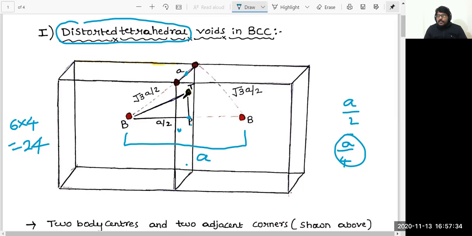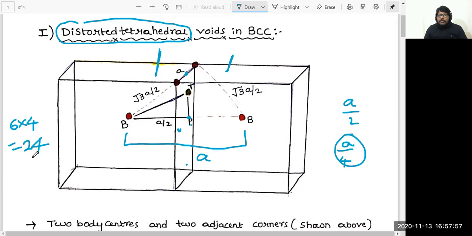because they are present on faces. When a void or particle is present at a face, it is equally shared by 2 unit cells. For example, this tetrahedral void is shared by the left side unit cell and also the right side unit cell. As a result, the contribution of this tetrahedral void will be 1 by 2.